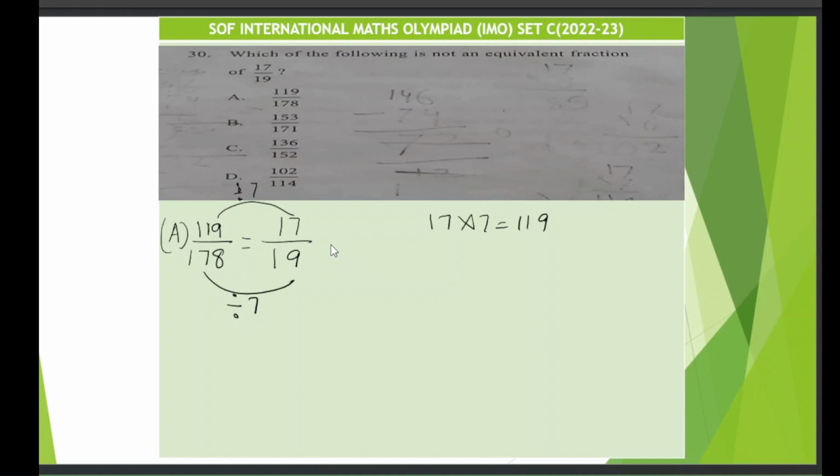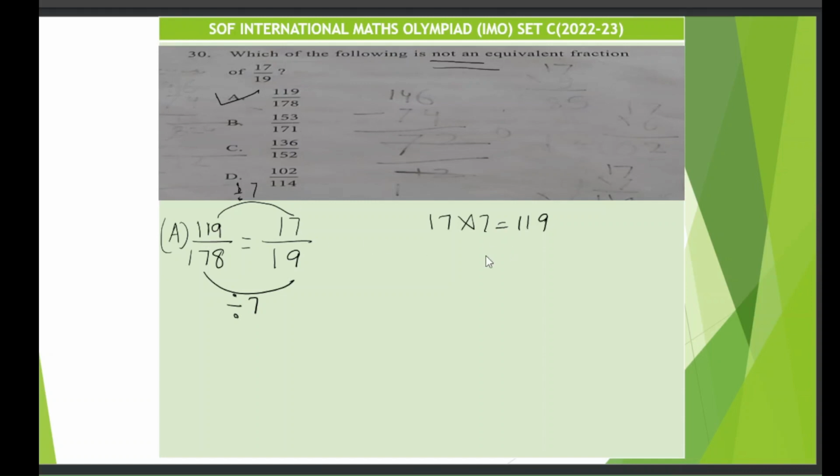No, we won't get 19. So clearly option A is the correct answer, because the question is asking for the not equivalent fraction. It's saving time actually, because option A itself, if you check, you see that it is not an equivalent fraction. Okay, but just for clarification, in a real maths Olympiad exam, you can stop here by finding option A only.